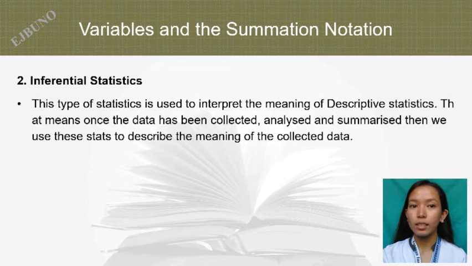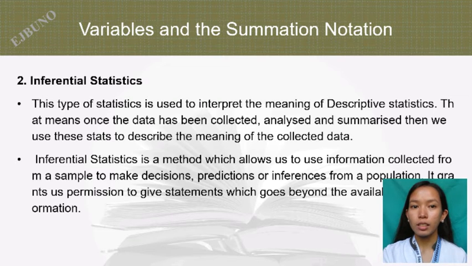That means once the data has been collected, analyzed, and summarized, we use these statistics to describe the meaning of the collected data. Inferential statistics is a method which allows us to use information collected from a sample to make decisions, predictions, or inferences about a population.